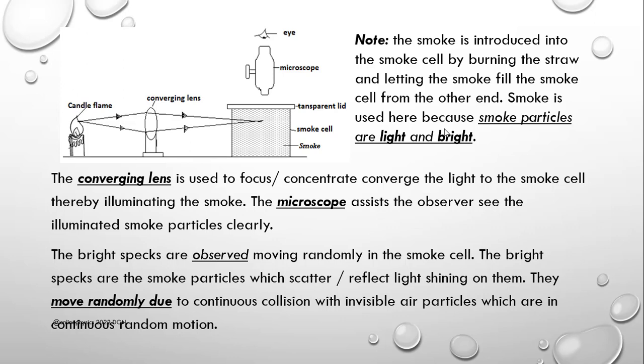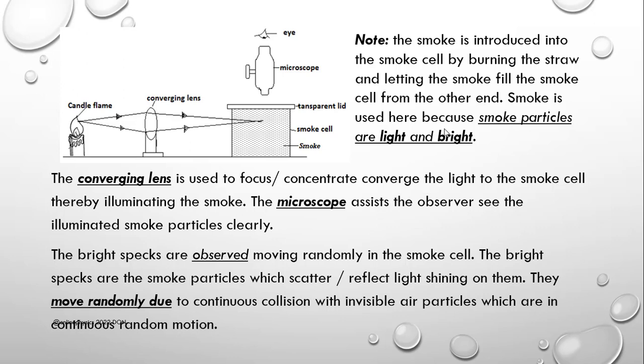What is the role of this converging lens? This converging lens is used to focus or concentrate or converge the light to the smoke cell, thereby illuminating the smoke.